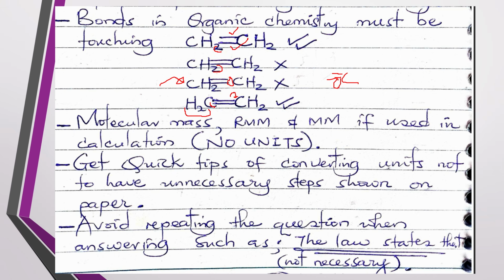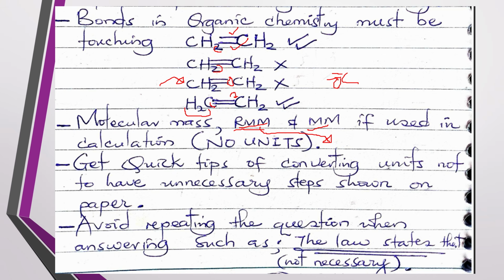Another one is going to be about molecular mass or the relative molecular mass. If used in calculation, relative molecular mass doesn't include units. Let me make this very clear. If you are calculating relative molecular mass, relative is a ratio.